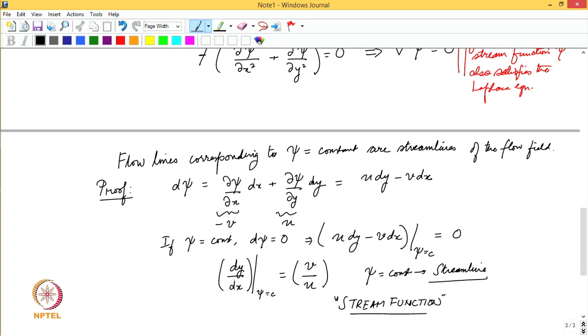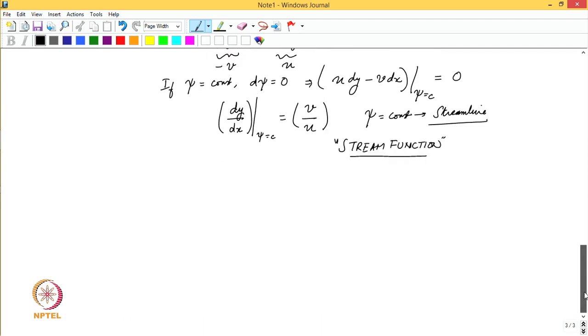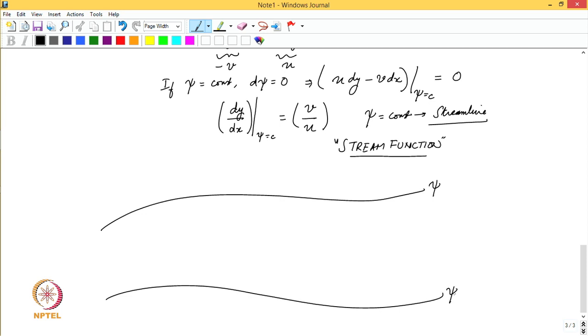So, now let us consider a scenario where we have two streamlines in a flow field, say psi equal to psi 1 and psi equal to psi 2. And let us define a coordinate system as well. So, let us say we have x here, y here. So, this is a 2D flow field.